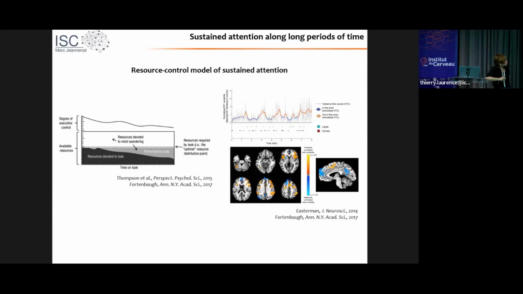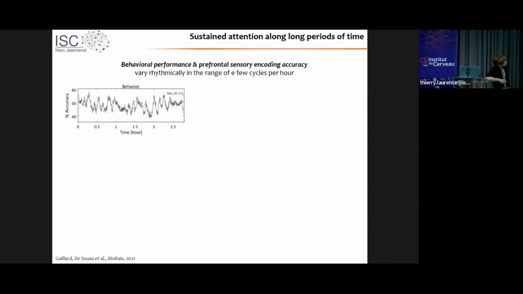One is a progressive drop in attentional performance with time, and another model proposes a rhythmic alternation between epochs of high performance and epochs of lower performance. In our hands, this is what we observe. I'm plotting here behavioral accuracy in the same task as I described earlier in time. And time here is at the scale of hours.